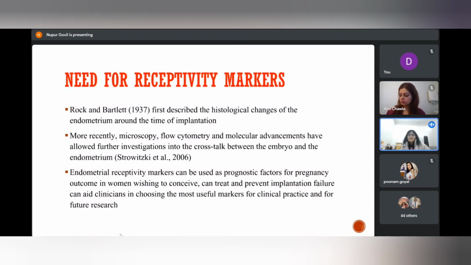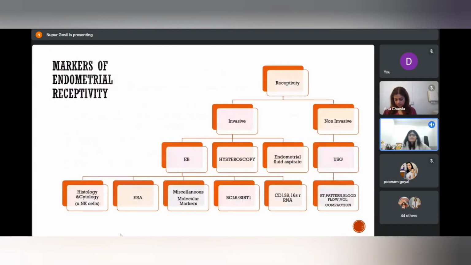We don't have any gold standard or any marker which can prognosticate women about their pregnancy rate. There is no gold standard or marker we can use pre-IVF to treat or prevent implantation failure. So there is a need for these receptivity markers.